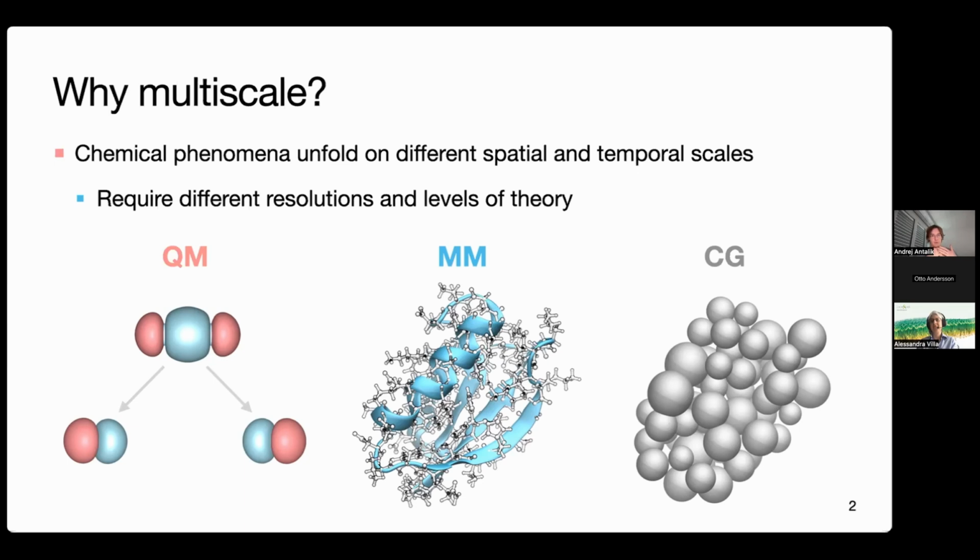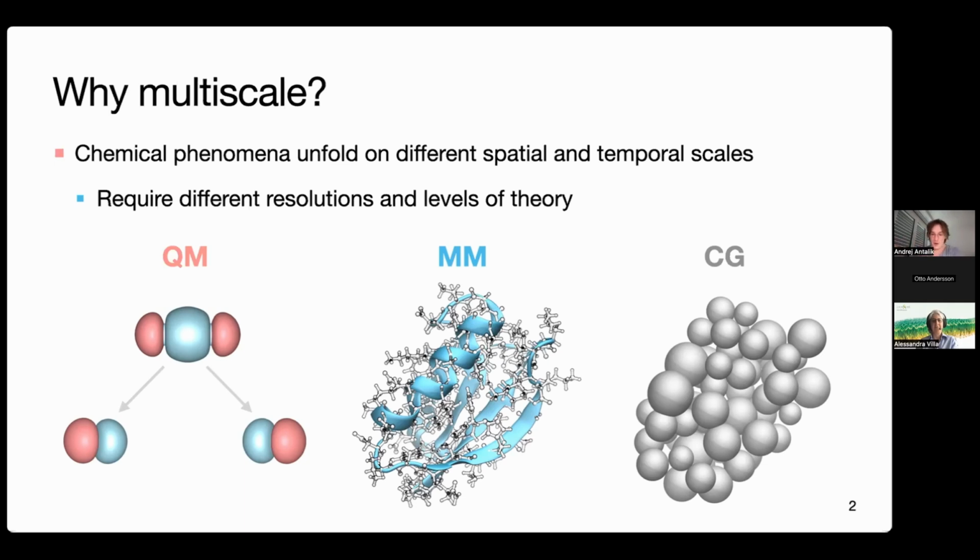Then there are systems like proteins, to study properties of which all you need is a classical description through a molecular mechanical model, something like a classical force field. And for some other properties, you can resort to an even cruder description by coarse-grained force fields.